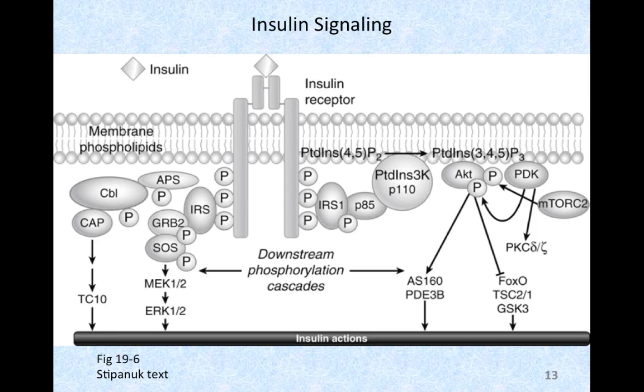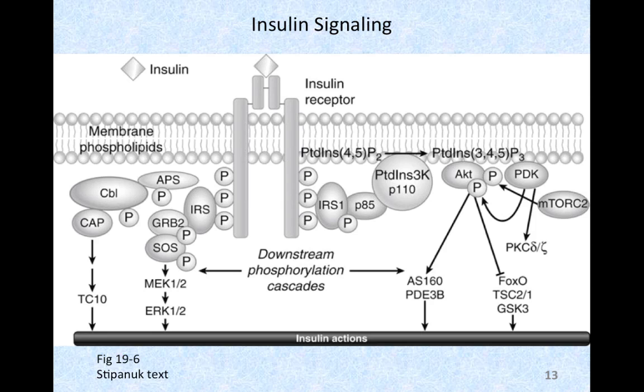And those molecules are involved in mitogenic pathways. In other words, there's a signal cascade. See that MEK1 and 2 and that ERK1 and 2? Those are mitogenic factors. So this part of the insulin signaling pathway stimulates mitogenesis, or basically mitosis or cell division. That's what's happening there.